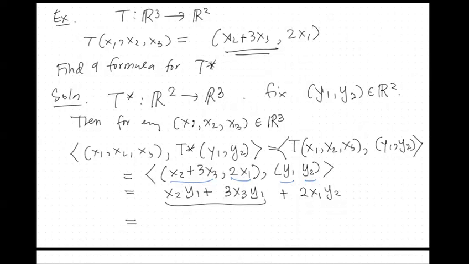Now, if you look at this, it can be expressed as the inner product of (x1, x2, x3) and the vector where the partner of x1 is 2y2, the partner of x2 is y1, and the partner of x3 is 3y1.